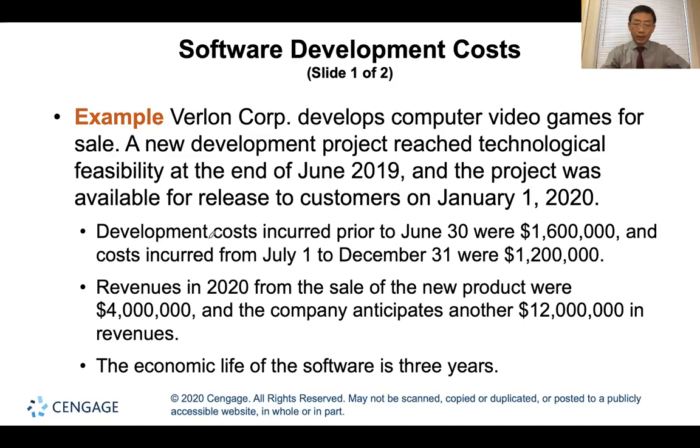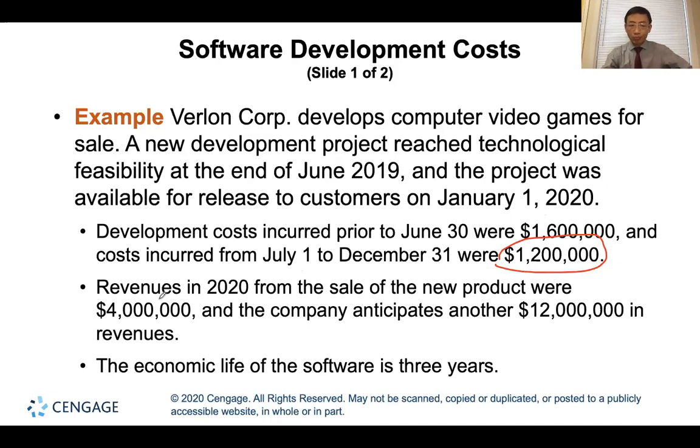Development costs incurred prior to June 30 were $1,600,000. And from July 1st to December 31st were $1,200,000. So this $1,200,000 will be capitalized, and the previous one will go directly to expense.